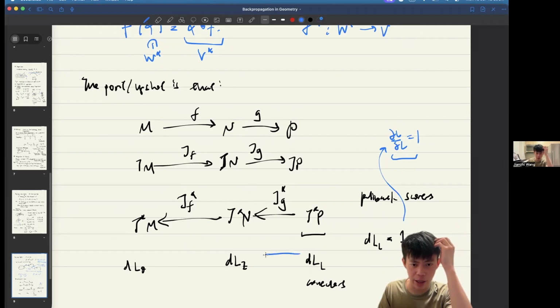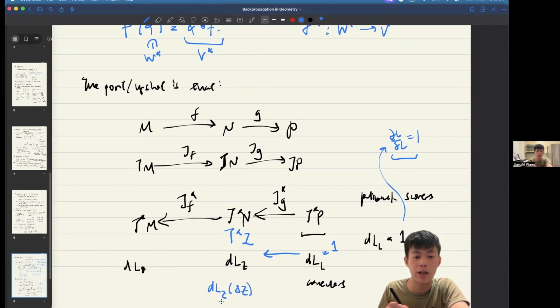This is being passed back to the cotangent space with respect to the intermediate activations, T star Z. And dL/dZ will take in a change in activation and output a scalar, which is how much the loss should change. This is a real number.